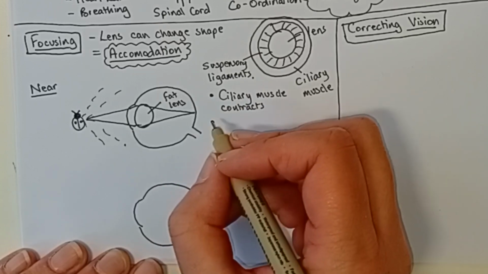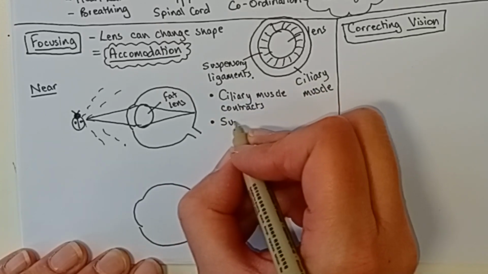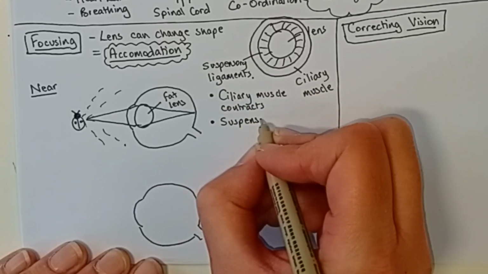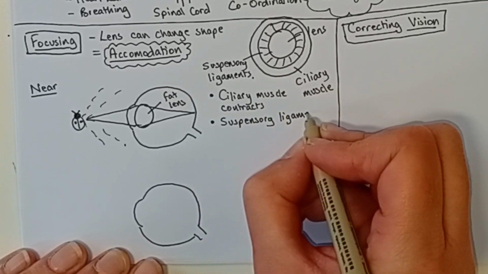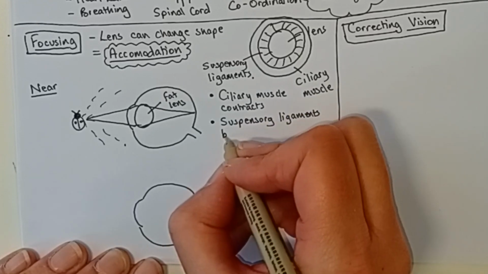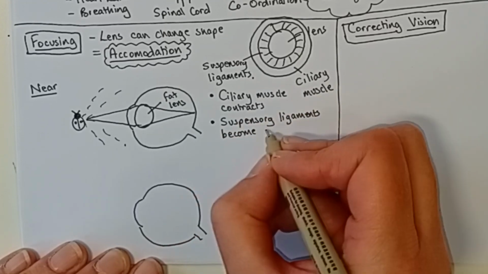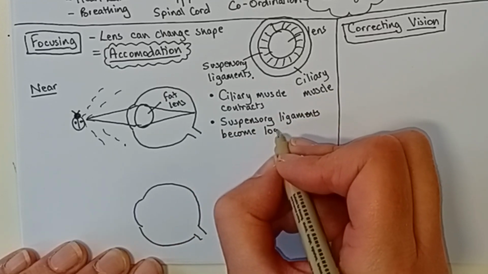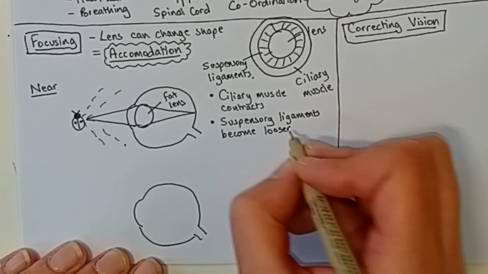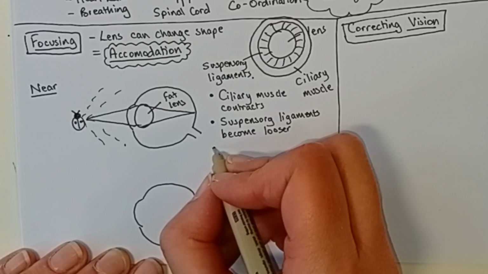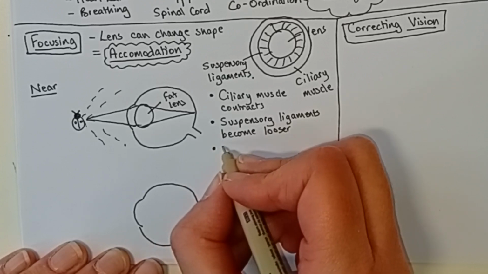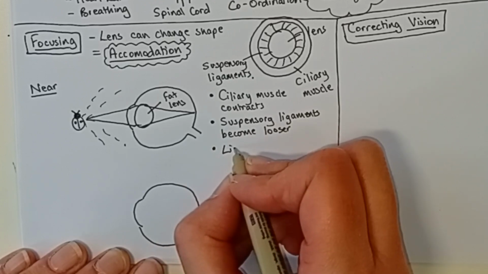Which means the suspensory ligaments become slack or loose, and that means that the light is bent more or refracted more.